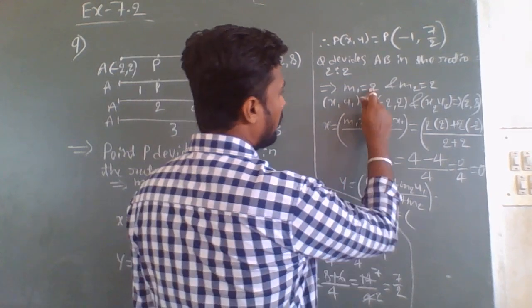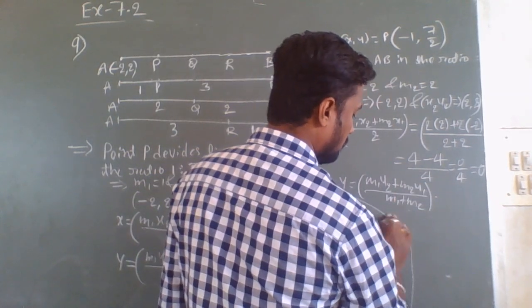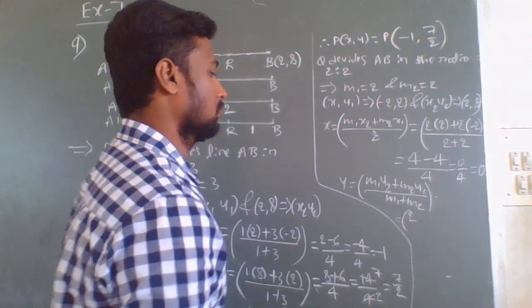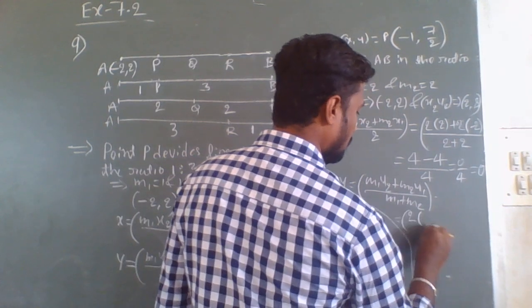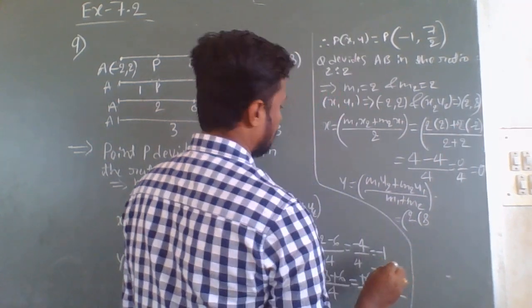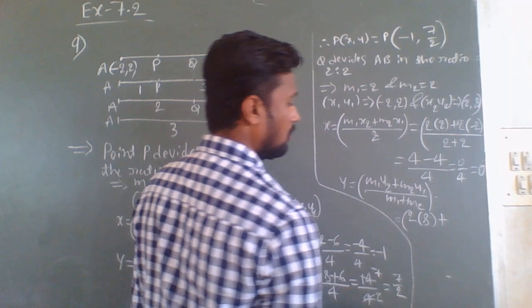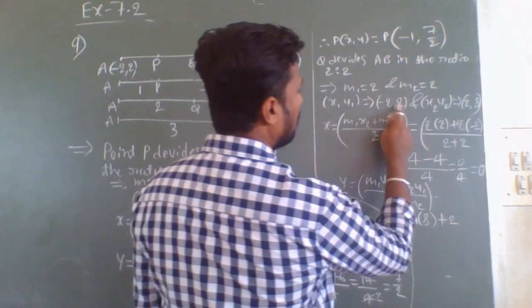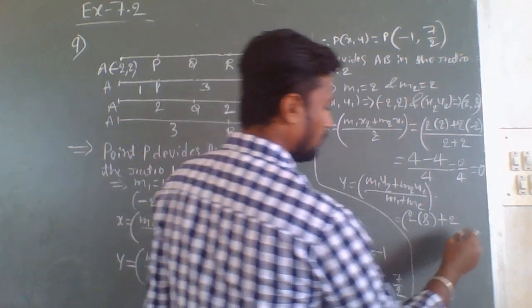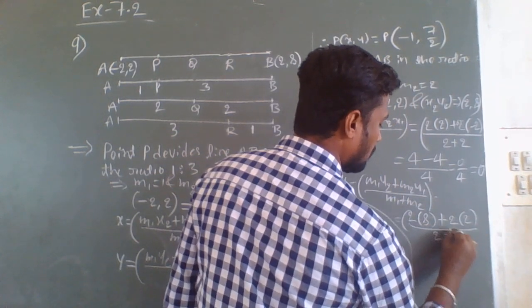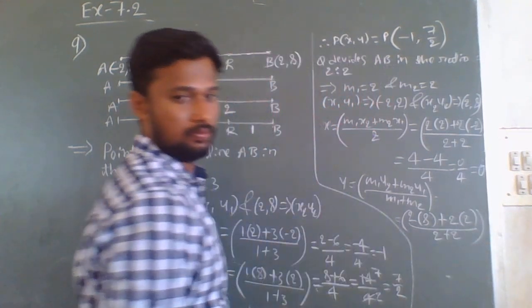Here m1 value is 2, and y2 value is 8, plus m2 value is also 2 and y1 value is 2, divided by m1 plus m2, which means 2 plus 2.